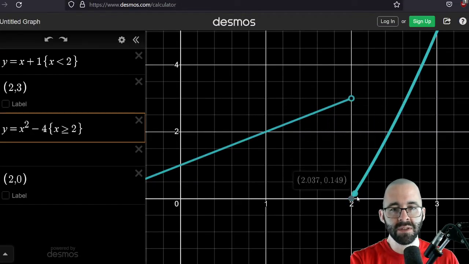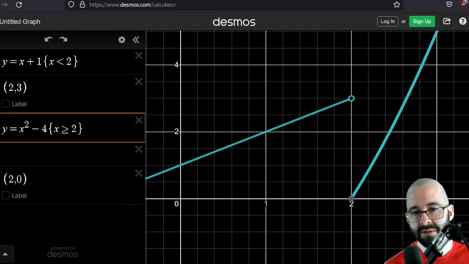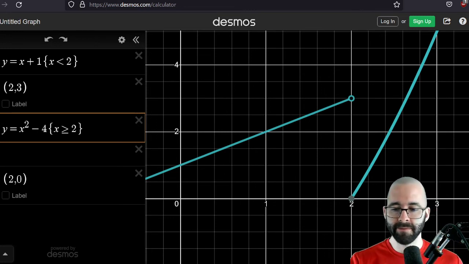From the right, it approaches 0. And it doesn't actually matter which one of these is an open circle or a closed circle. Remember, the limit doesn't depend on the actual function value. The function value is 0, but the limit doesn't depend on that function value. We could change that function value and still have the same limit.